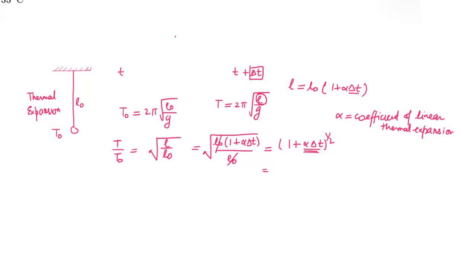The binomial theorem says 1 plus x raised to the power n is approximately equal to 1 plus nx, provided x is very small. So this can be written as 1 plus half alpha delta T. So this is equal to T by T naught.